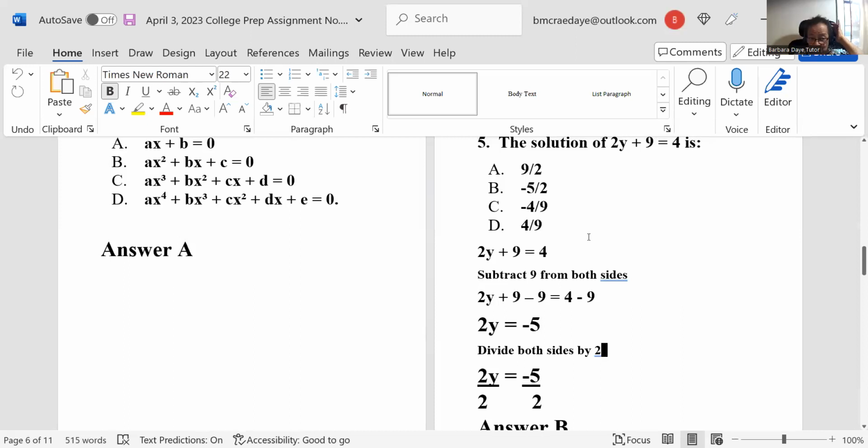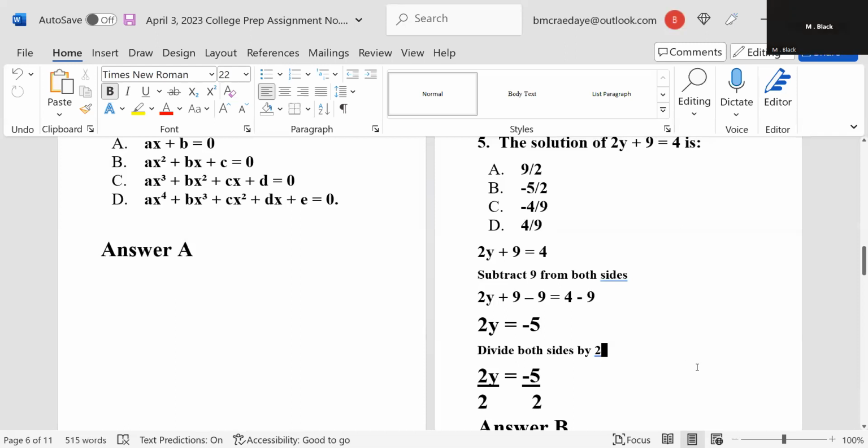Okay, but see, you're trying to find something to match one of these answers. When we divide out the 2, we get y is -5/2. And whether we write it one way or the other, same thing.